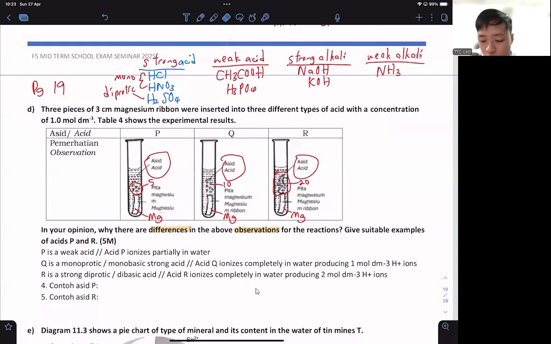The best answer is a strong monoprotic acid, which will ionize completely in water to produce 1 mole per dm cube of H+. You can say it like this.